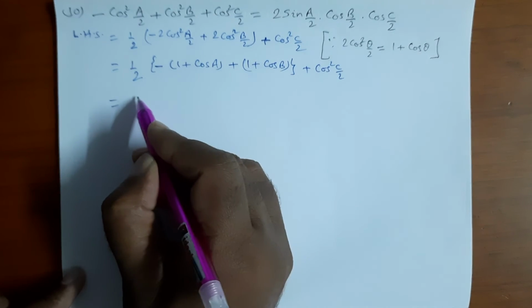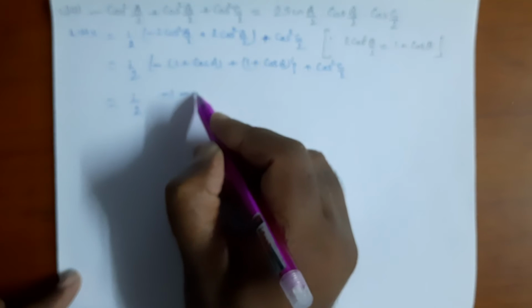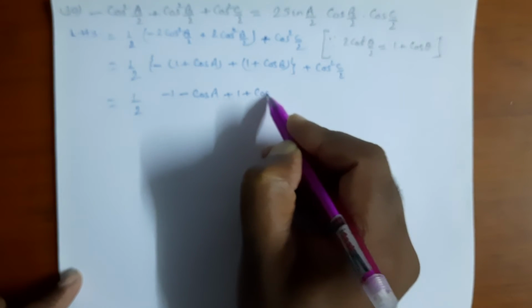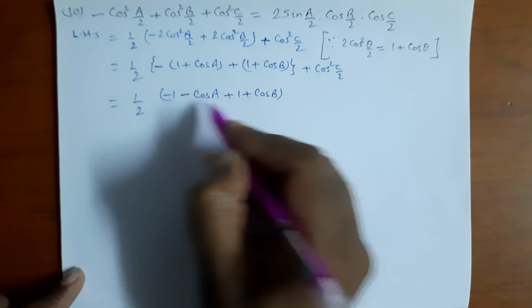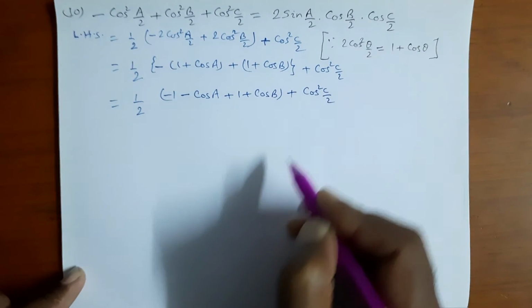And now 1/2 [1 minus 1 plus cos a plus 1 plus cos b] plus cos square c/2.